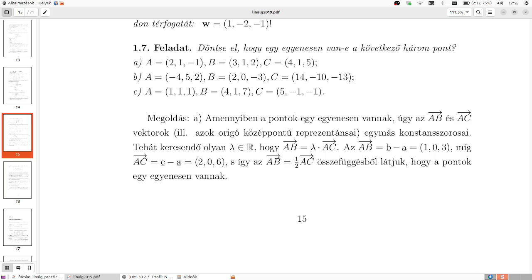But there is another solution. If you calculate the scalar product, then you just determine the angle between the vectors. That's also a way. So let's do it.